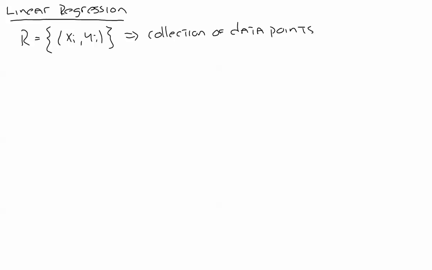Linear regression. So we're going to assume that you've gone into the lab, you've collected some data, and you've got a collection of data points in some set R, (x_i, y_i). This is a collection of data points that to your eye, maybe you've plotted these points out on a piece of paper just to get a handle on what they look like.